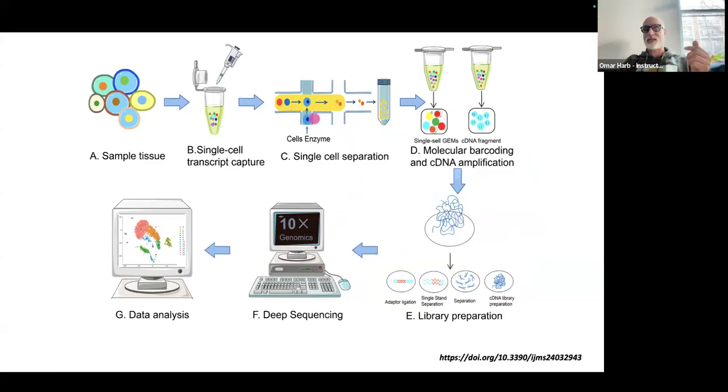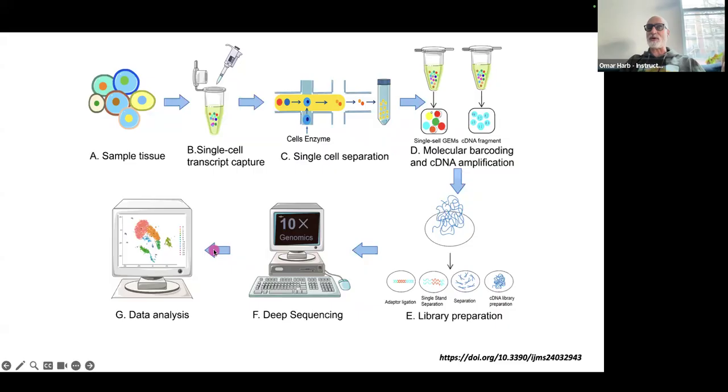So in essence, each one of these little droplets is a test tube that includes a single cell with all the components to do your assay in it. And so ultimately, in your individual droplets, you're doing basically an RNA sequence for single cell RNA sequencing experiments.